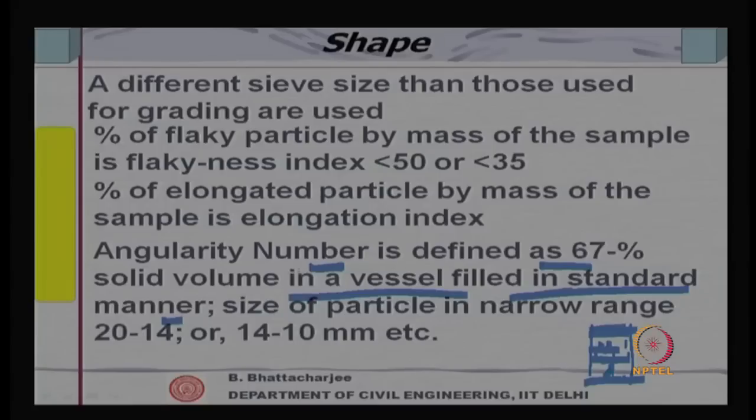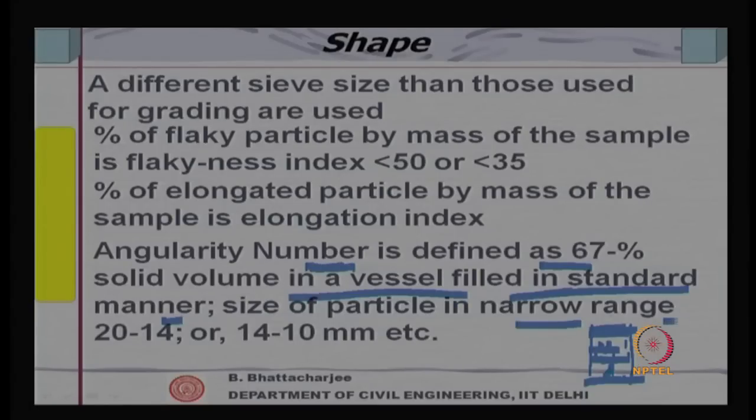These sizes are specified in the code, and when you use a specific size and pack it in a standard manner, you find out the volume of solid after packing, and 67 minus that volume will give you the angularity number.